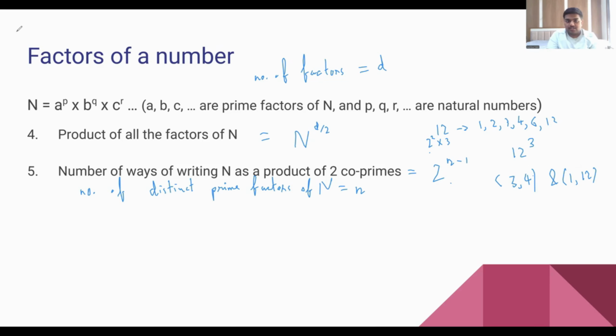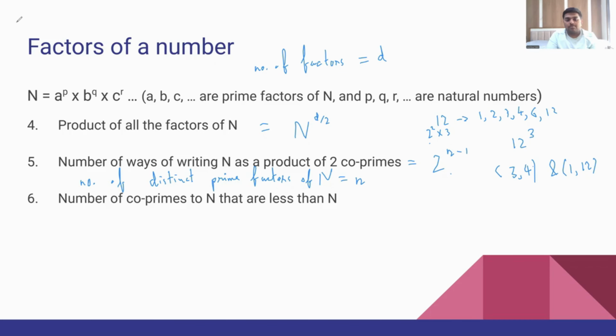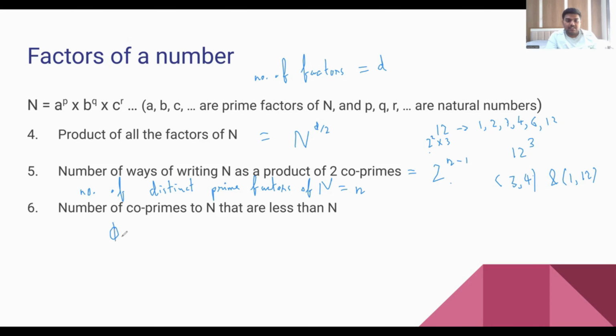Now the next thing is the number of co-primes to n that are less than n. This value is represented by phi of n, which is equal to n into 1 minus 1 by a, into 1 minus 1 by b, into 1 minus 1 by c, and so on.